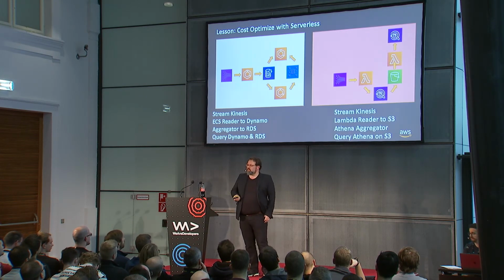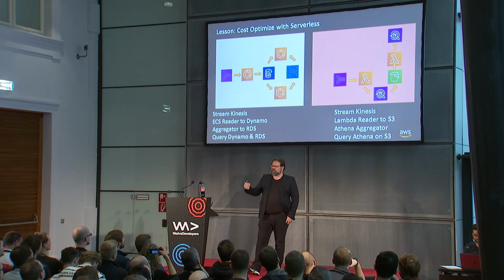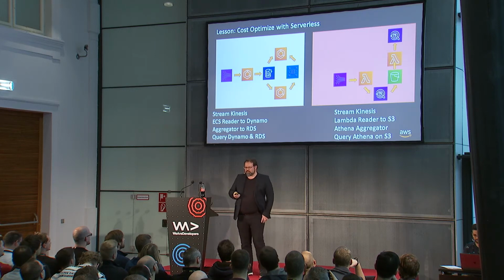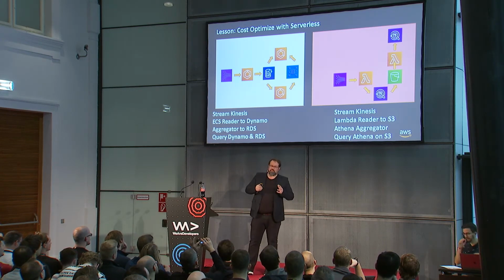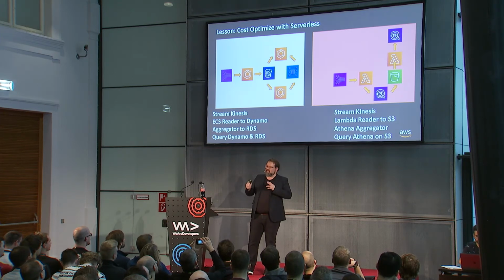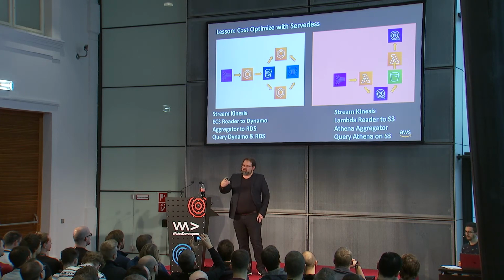One of our customers, Siemens, whose chief architect Kathleen DeVolk gave a talk on that at our last re:Invent conference, just moved those components into serverless elements like Lambda, storing data in S3 and using something like Athena or Presto to query it.